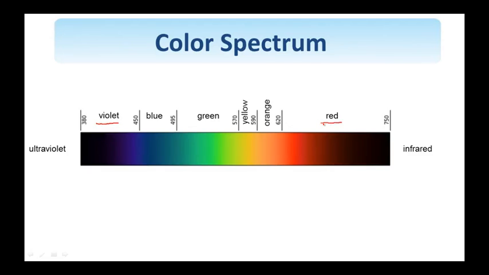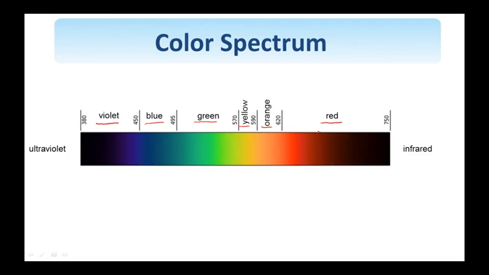So, as shown in this figure, the color spectrum may be divided into 6 broad regions: violet, blue, green, yellow, orange, and red. No color in this spectrum ends abruptly, but instead each color blends smoothly into the next one.